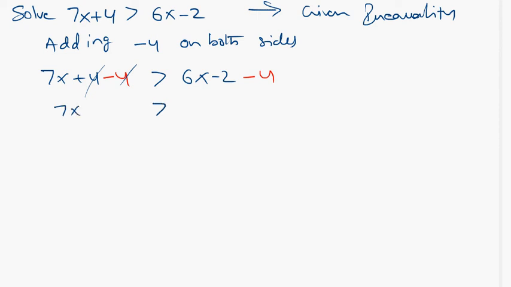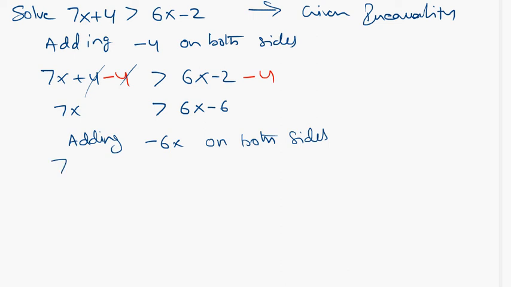7x is greater than 6x minus 6. Adding -6x on both sides. Adding -6x is the same as subtracting 6x from both sides. 7x minus 6x is greater than 6x minus 6 minus 6x.